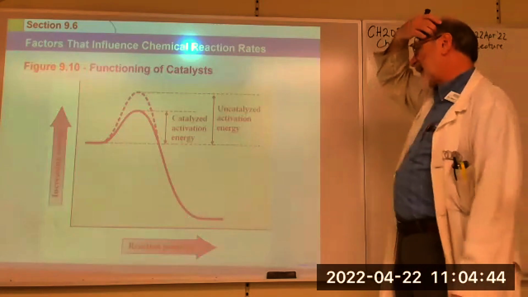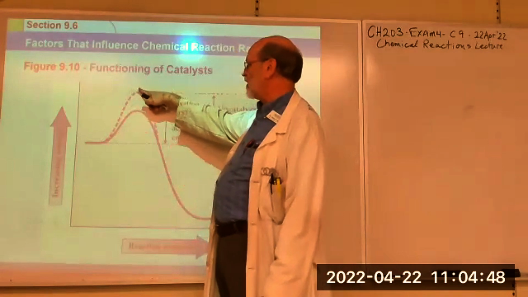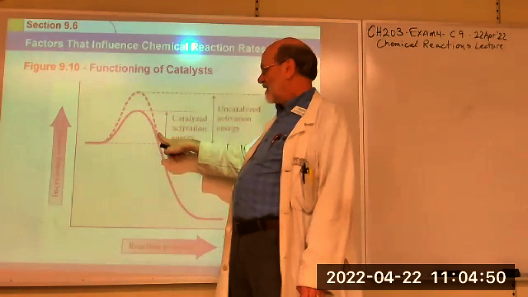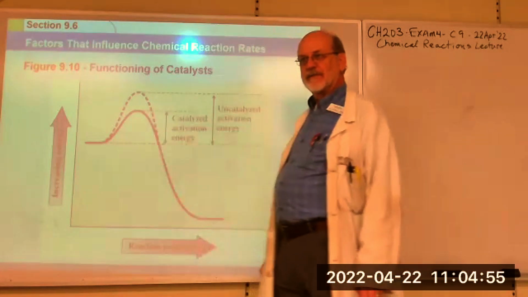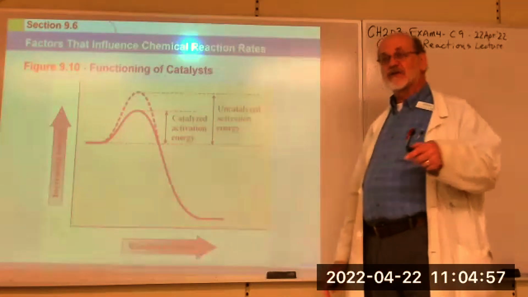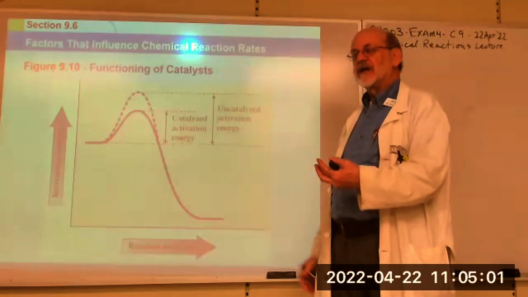Okay, so this is what a catalyst would look like. The uncatalyzed reaction has the higher activation energy, and the catalyzed reaction has the lower activation energy. So when you lower the activation energy, more of your molecules now have sufficient kinetic energy to react.